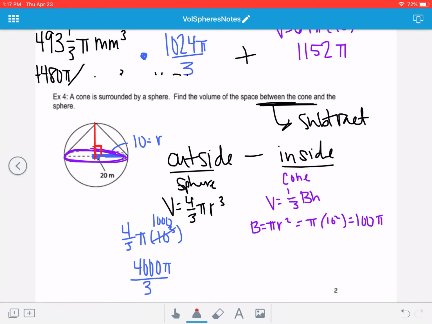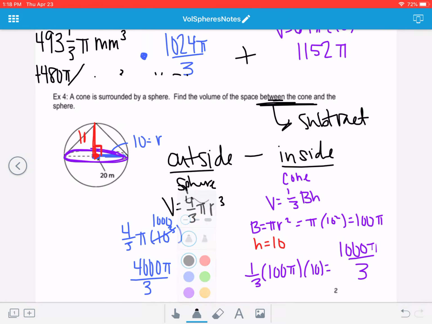It'd be this red segment I just drew in. The height goes from the center of the sphere out to the edge of the sphere, so it's actually a radius. So the height will also be 10 here. So when I go to find the volume, we're going to take 1/3 times the area of the base, 100 pi, times 10, and that gives me 1,000 pi thirds.